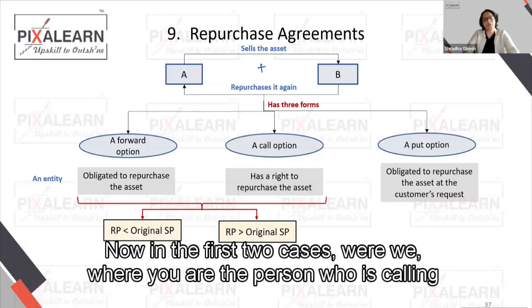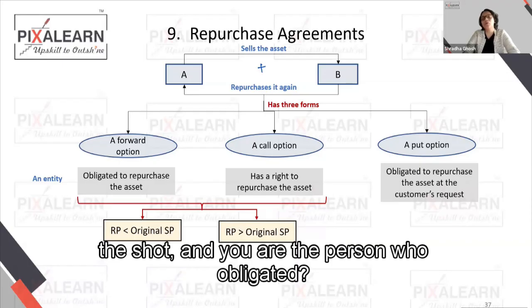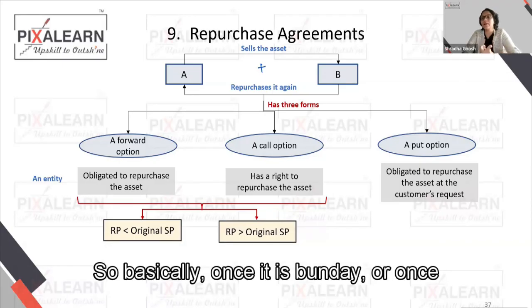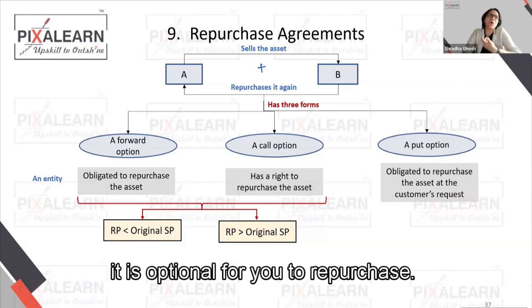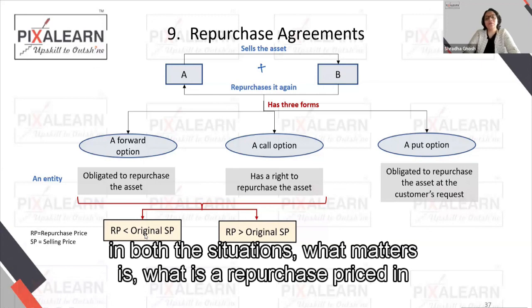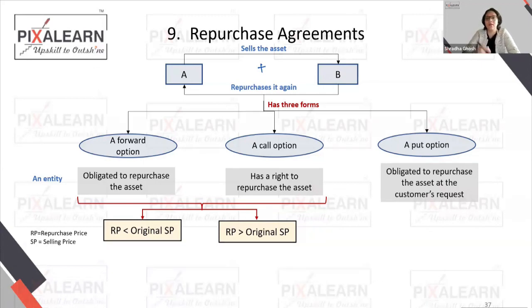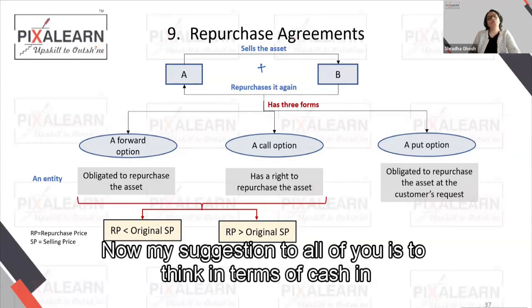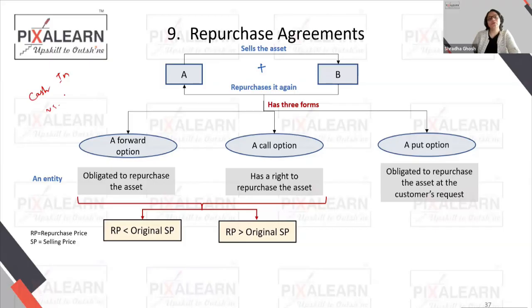Now, in the first two cases, where you are the person calling the shots, or where you are obligated, what matters, once it is binding or once you exercise that option, is the repurchase price in comparison to the selling price. My suggestion to all of you is to think in terms of cash in versus cash out.